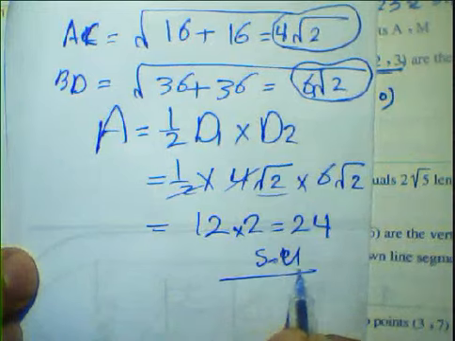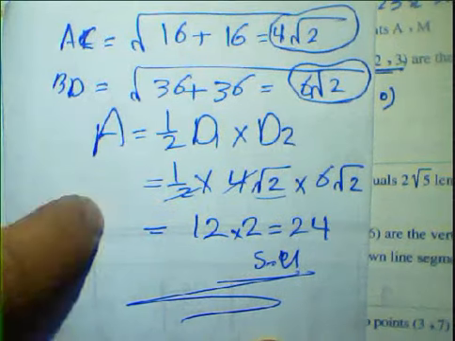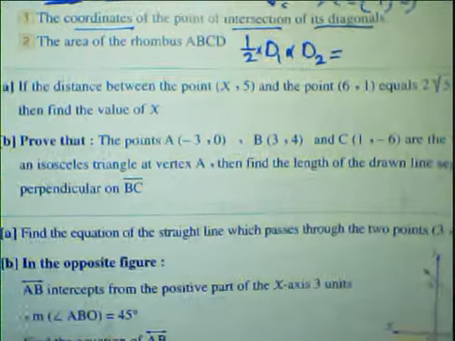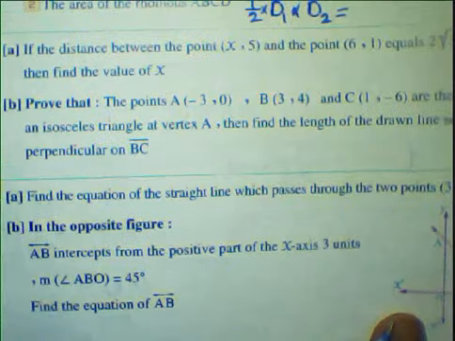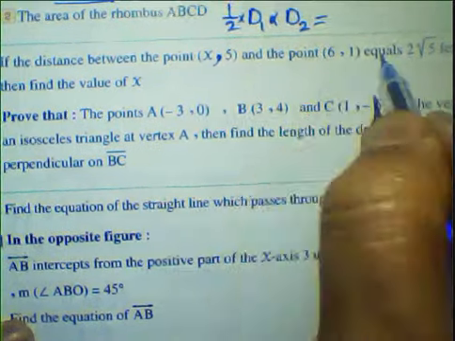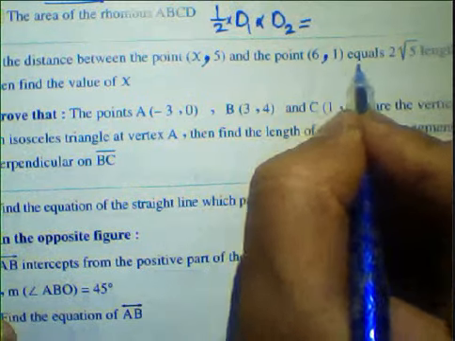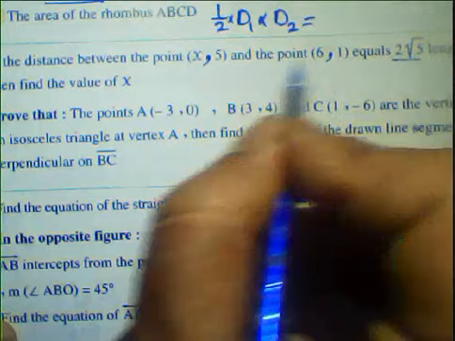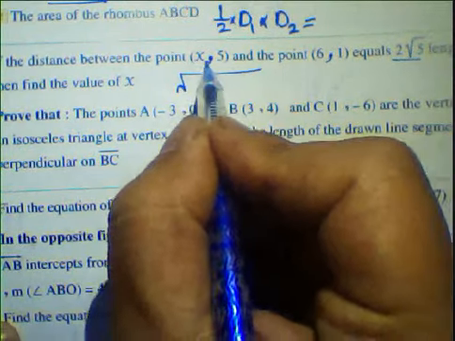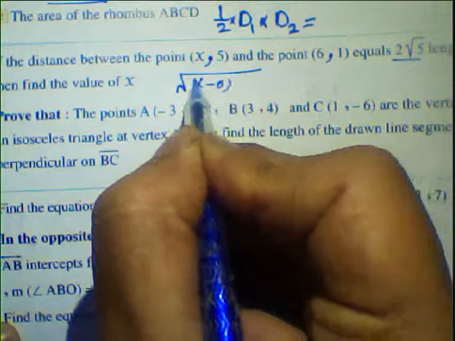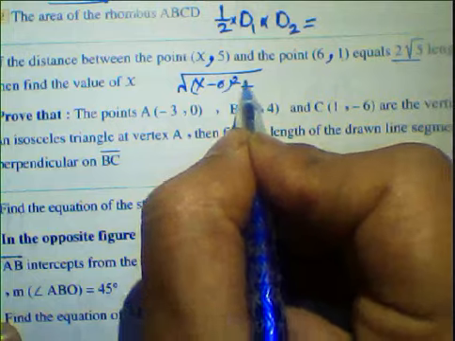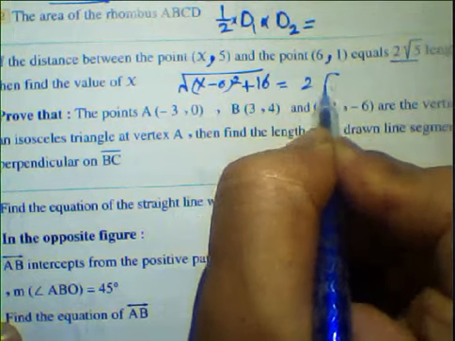Okay, so that's the area of the rhombus. Question number 4: if the distance between the point (x, 5) and the point (6, 1) equals 2 root 5 units, find the value of x. We can solve it here. The distance between them: square root of (x minus 6) power 2 plus (1 minus 5) power 2, where negative 4 power 2 equals 16, equals 2 root 5.